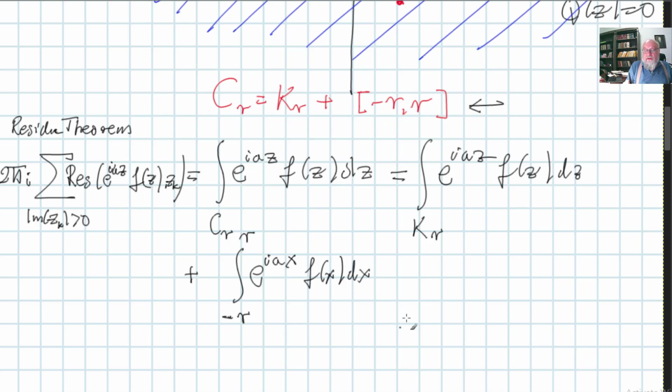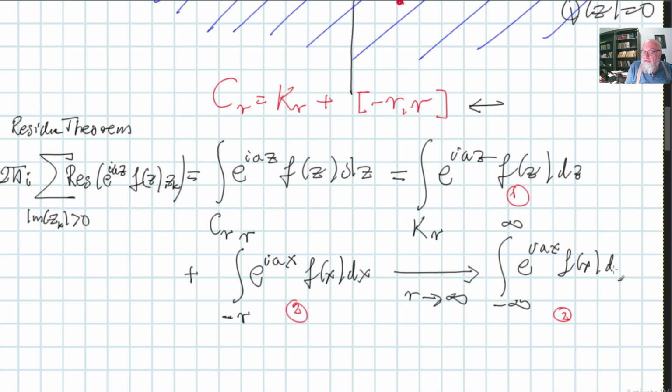And now I'm interested to find out what happens if I take the limit as r goes to infinity. Let's call this my first integral and this my second integral. The second integral, just by definition, goes to the integral from minus infinity to infinity of e^{iax} f(x) dx.